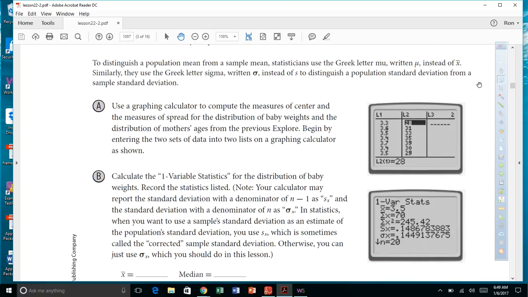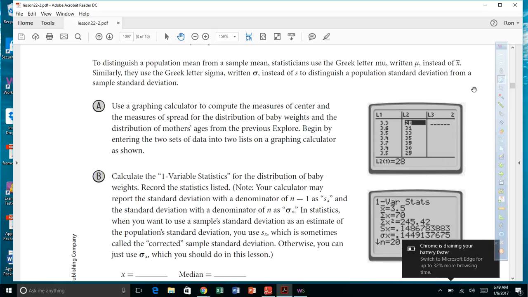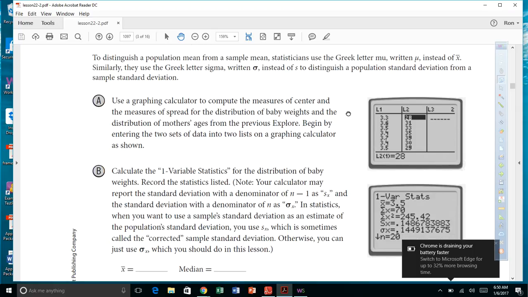To distinguish a population mean from a sample mean, statisticians use the Greek letter mu instead of x bar. Similarly, they use the Greek letter sigma instead of s to distinguish a population standard deviation from a sample standard deviation.